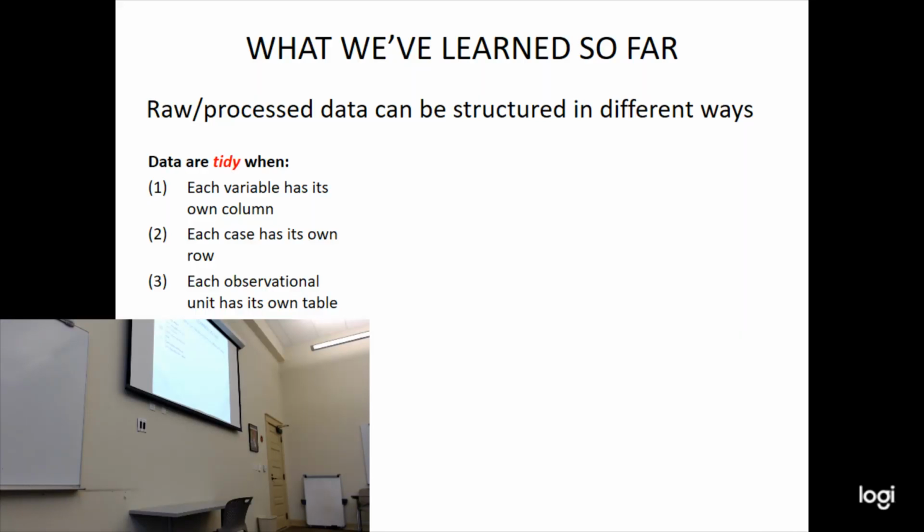A case is a grouping of variables that applies to a specific observational unit, like a person, a school, a business, any sort of unit that is of interest to you scientifically. So data are tidy when each variable is a column, each case is a row, and if you have separate observational units, you want those to be in separate tables.